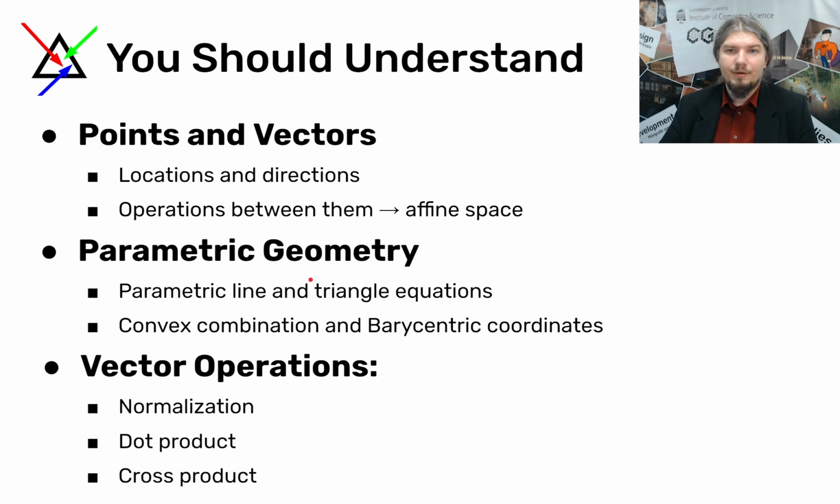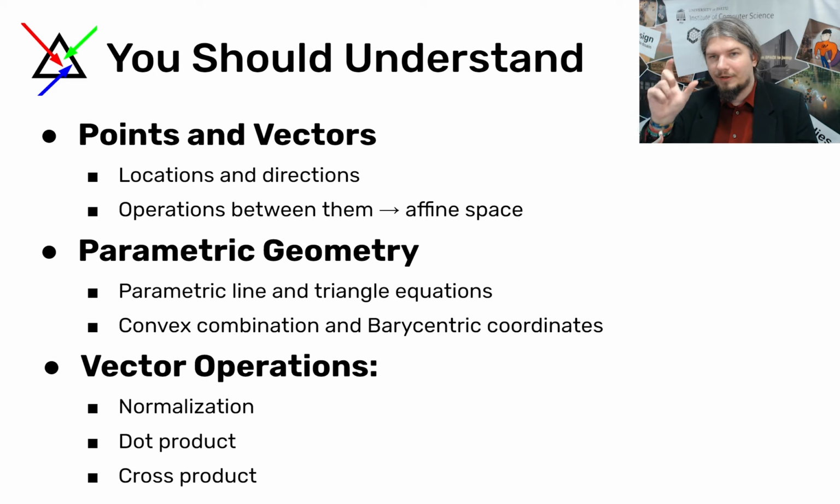So from this video you should now understand points and vectors. We have locations that we call points, and we have directions that we call vectors. If we define different operations between them, namely addition, then this leads us to affine space, where we have points and vectors in the same space, but for the vectors there is no origin.